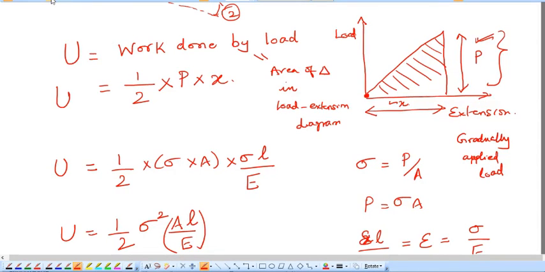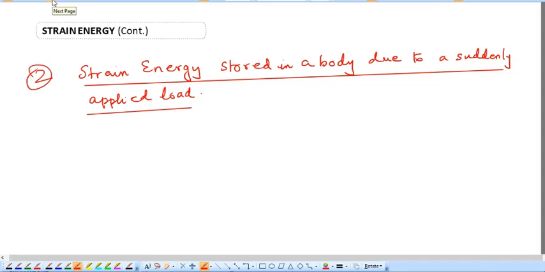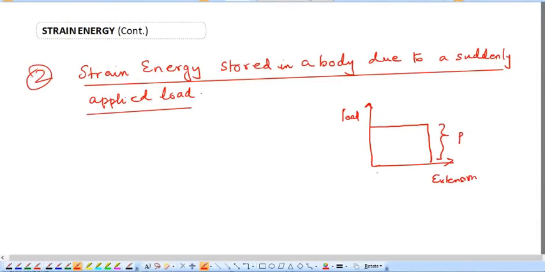But if the load is applied suddenly, the load is constant throughout the process of deformation. So if you draw the load extension diagram, you will have a figure like this. So this is your load and this is your extension X. So this area you have to find.